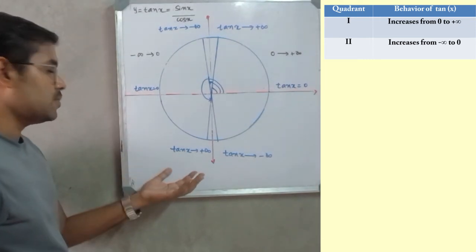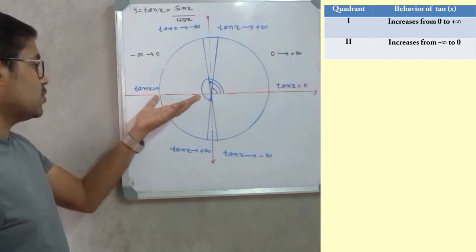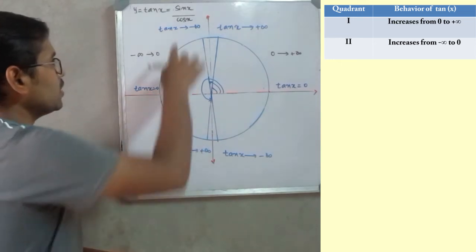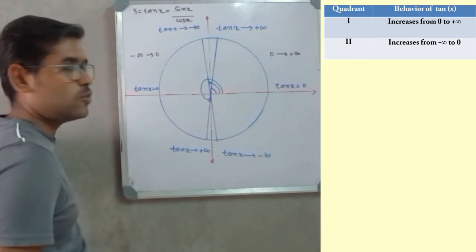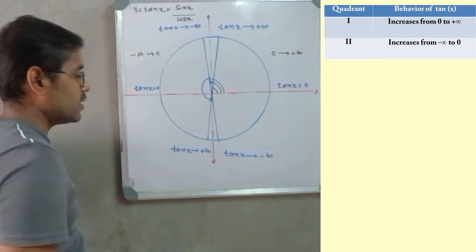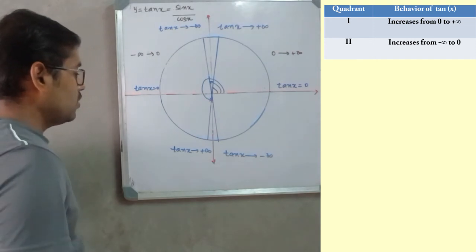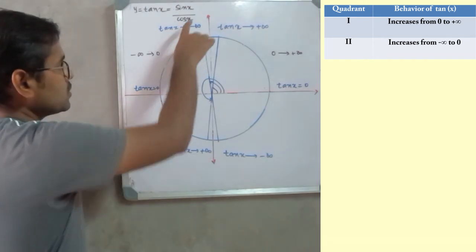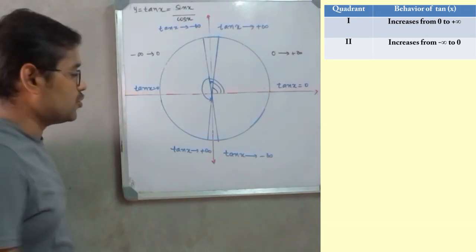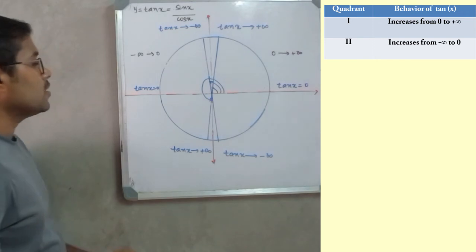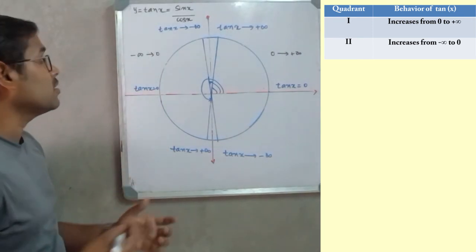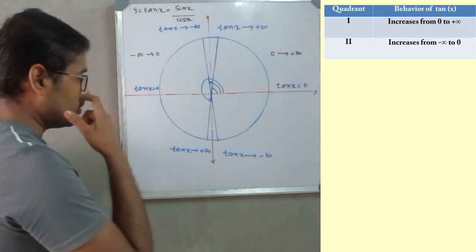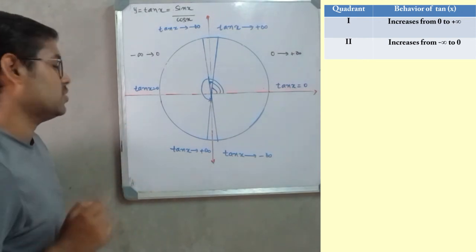Similarly, in the third quadrant, it is 0 at x is equal to pi, and at x is equal to 3 pi by 2, it is not defined. Why? Cos 3 pi by 2 is 0. So tan x is not defined at x is equal to 3 pi by 2. Now, if you choose the value of x very near to 3 pi by 2, in that case the value of cos x will be very small negative number, and the value of sin x is also negative number in third quadrant, which will make the tan x a positive number, but that number will be very large.